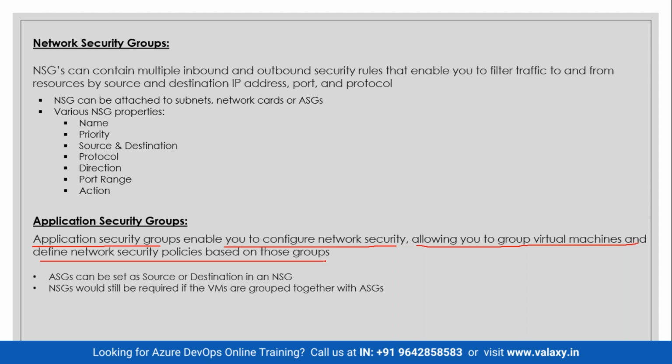Now just take the same example of the building and the gatekeeper. Building is nothing but your resources and the gatekeeper is NSG. Now what exactly is ASG in this? Think that you are staying on the 6th floor, and if anyone wants to access floor 7, they have to go through floor 6 only.